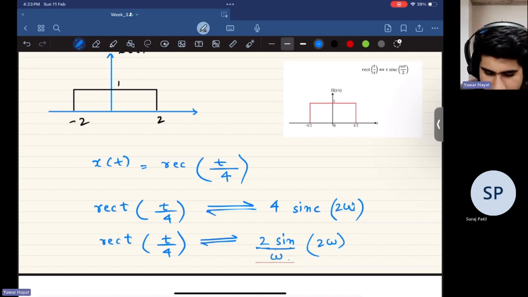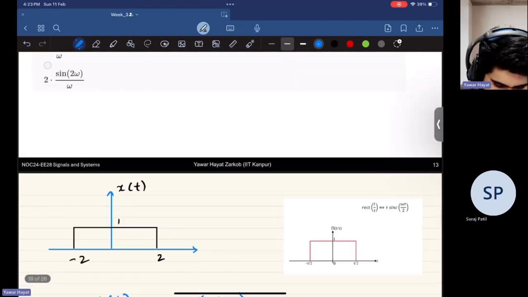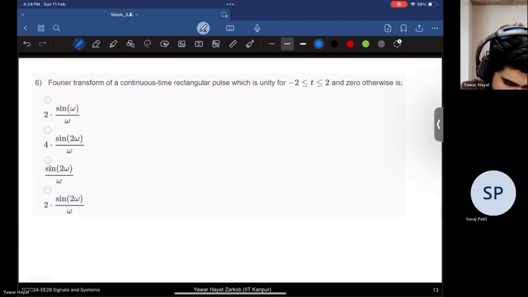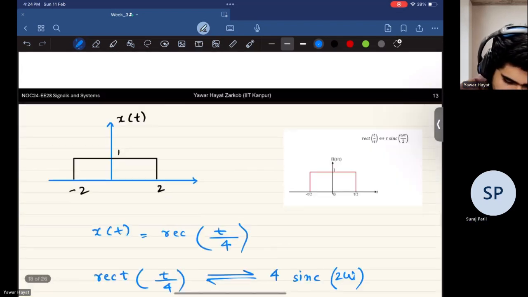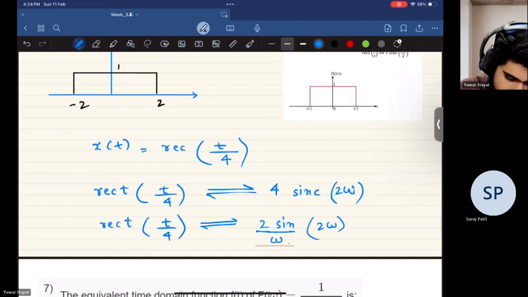Agree with this? Yes, sir. So this is nothing but the fourth option, D.